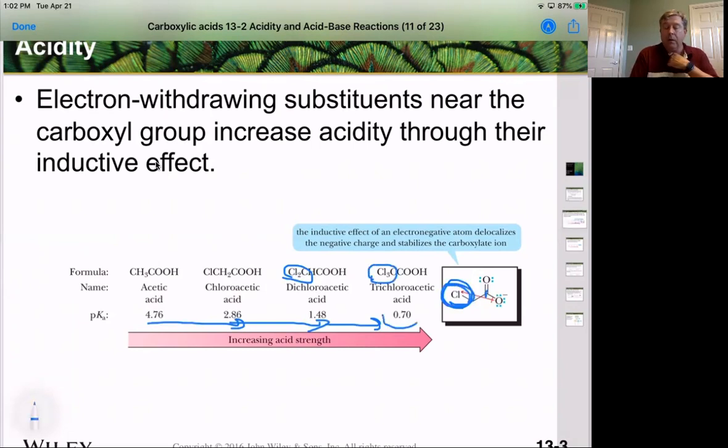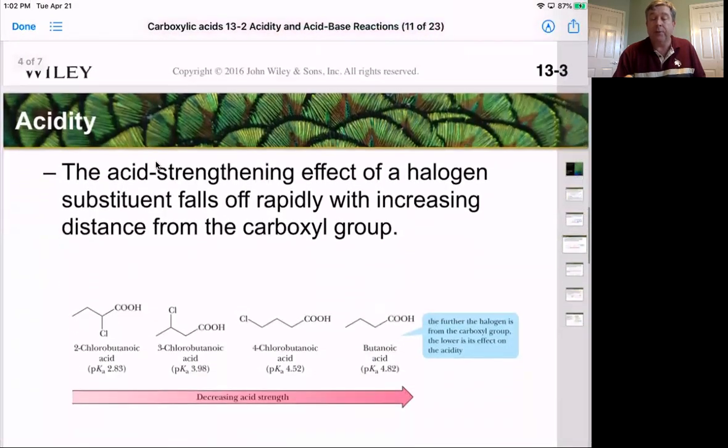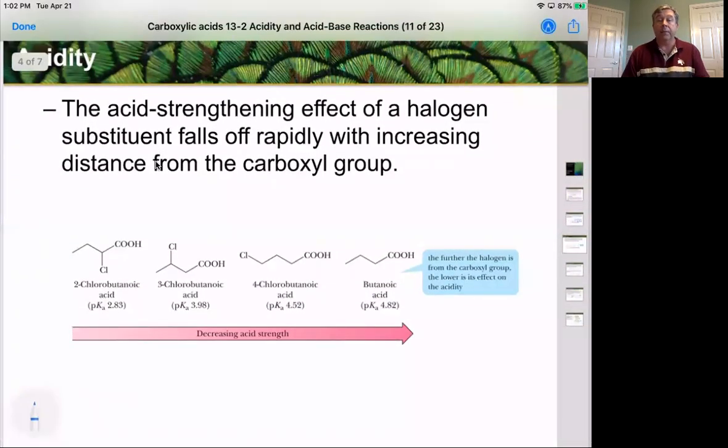We are almost to zero pKa. We're almost to a strong acid at this point, okay? Now, this effect is best when it's that first carbon next to the carboxylic acid, okay? Now, the effect diminishes as you go further and further away from that carboxylic acid.